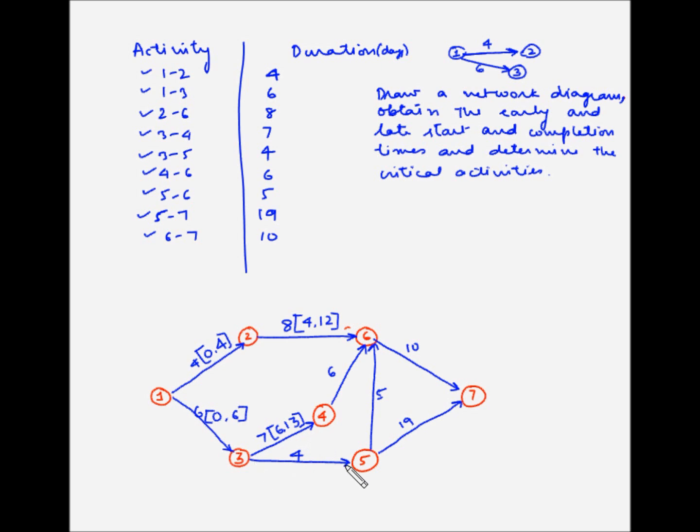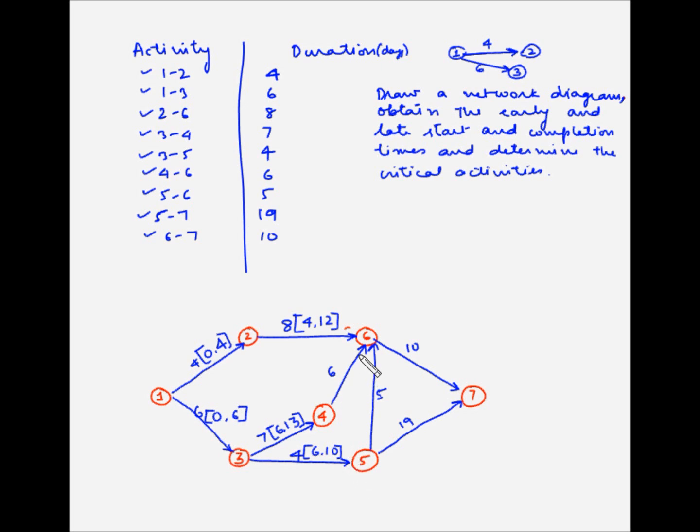Now for activity 3-5, this activity can start only after activity 1-3 has finished. Now activity 1-3 will finish on the 6th day. So activity 3-5 can start only after that and it takes 4 days. So 6 plus 4 is 10. So 10 becomes the earliest finish time.